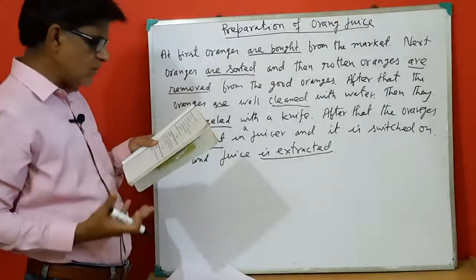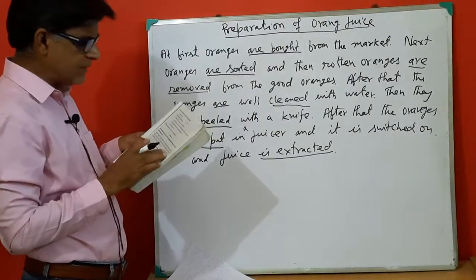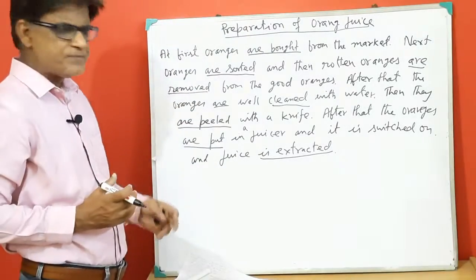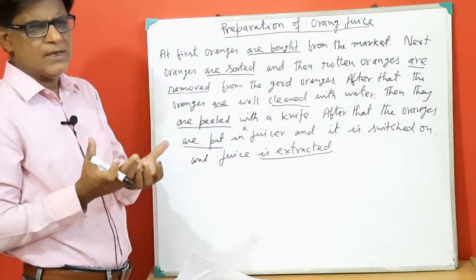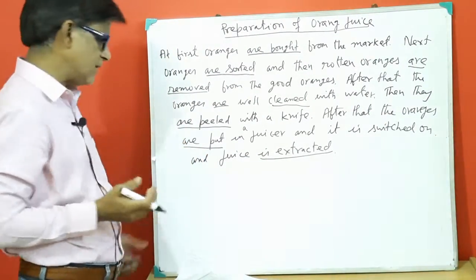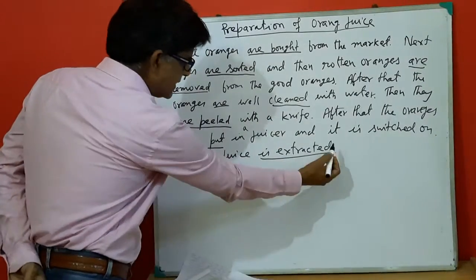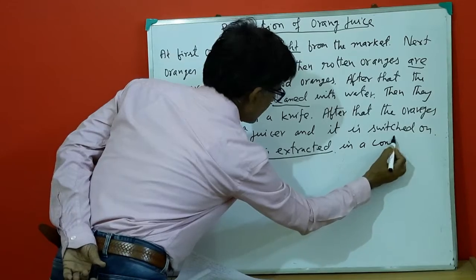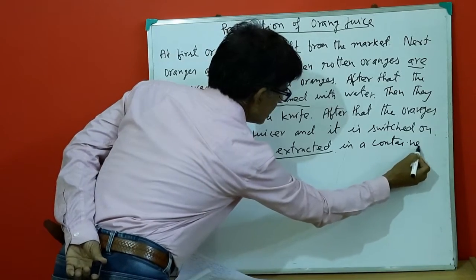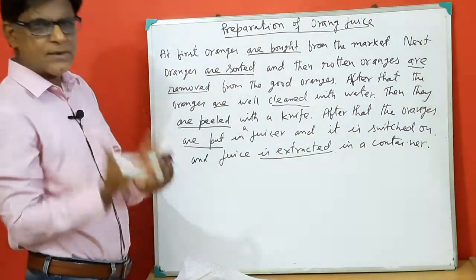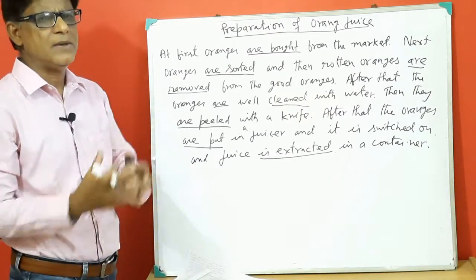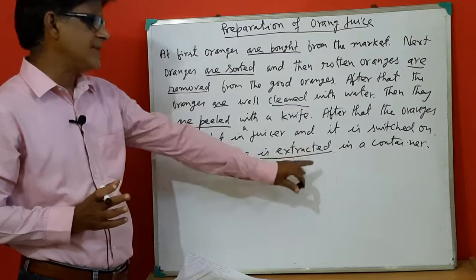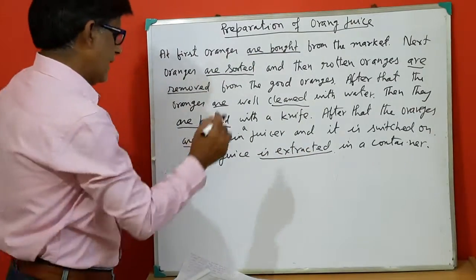Now after extraction of juice, sugar and preservatives added. When juice is extracted in a container, you may write here juice extracted in a container. Container, it may be glass, it may be a big bowl, anything may be, and juice is extracted in a container.